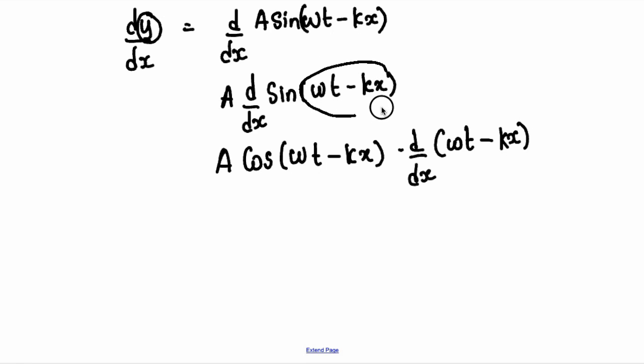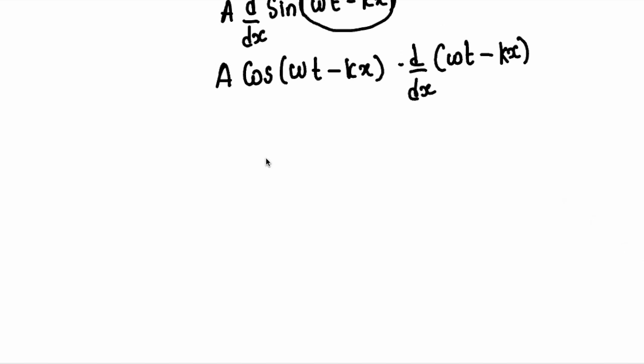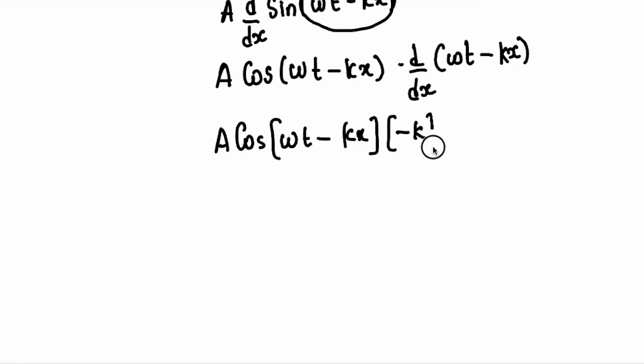After differentiating that function, I get a cos(omega t minus kx) into d by dx of omega t, which is 0, and d by dx of minus kx, which is minus k.